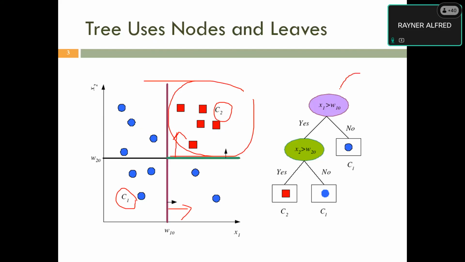So this is the first condition: x1 is greater than W10. If yes, then you check again if x2 is greater than W20. If yes, then they belong to the red square. Otherwise, they belong to the blue circle.